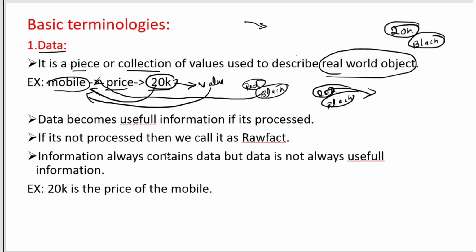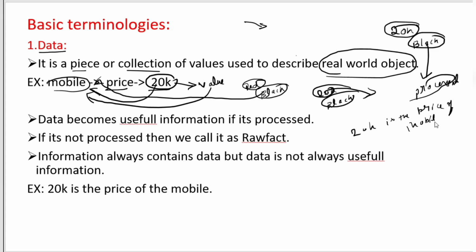Information always contains data, but data does not always contain useful information. When does data become information? When it's processed. That means 20k is the price of mobile.